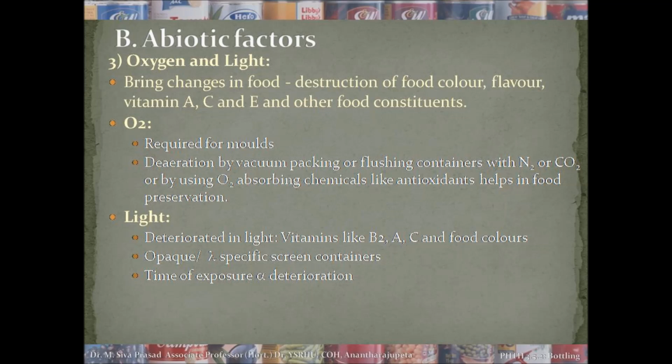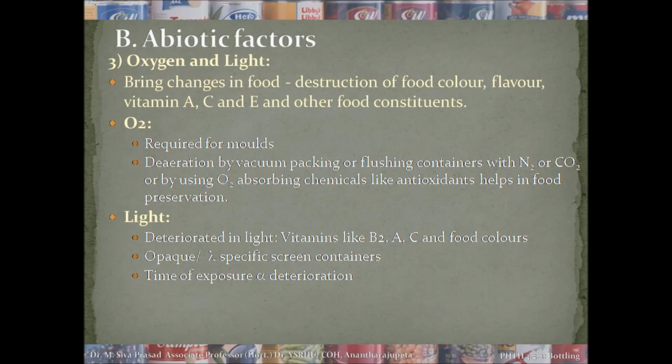Or even the light, light also has an influence over the nutrients. The presence of light will cause a loss of certain nutrients like vitamin B2, A, C, and also they will lose color. If you use cans which are opaque, there is no loss of such nutrients.